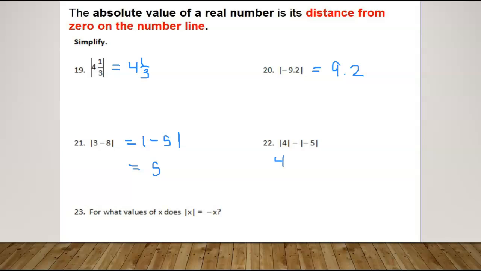A minus with absolute values does not turn to a positive. This stays 4 minus the absolute value of negative 5, which is 5, which gives negative 1.